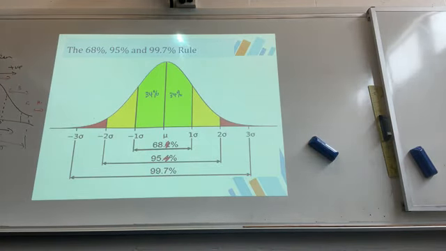Now the yellow area will be 95 minus 68, and then divided by 2, correct? So you've got 13.5%, the yellow area. And finally the red area is 99.7 take away 95, divided by 2, which is 2.35%.